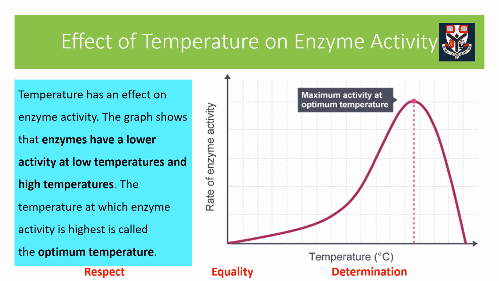This maximum activity is what we call the optimum, and we would identify the temperature as being the optimum temperature for this enzyme. That means the temperature at which the enzyme is most effective or most active.